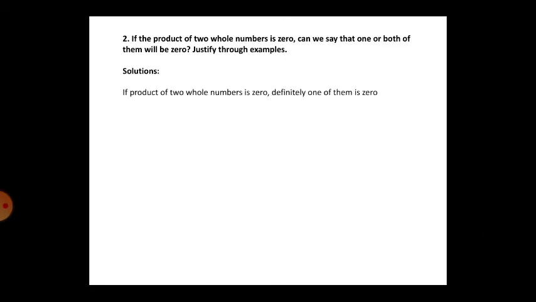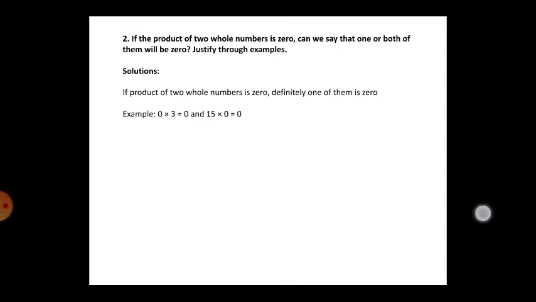Let us see. If the product of two whole numbers is 0, definitely one of them is 0, because any number if you multiply with 0, you will get 0 only. See, if one number is 0, then obviously the answer will be 0. 0 multiplied by 3 equals 0.